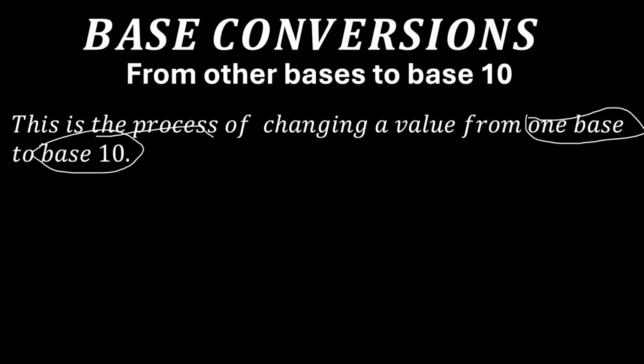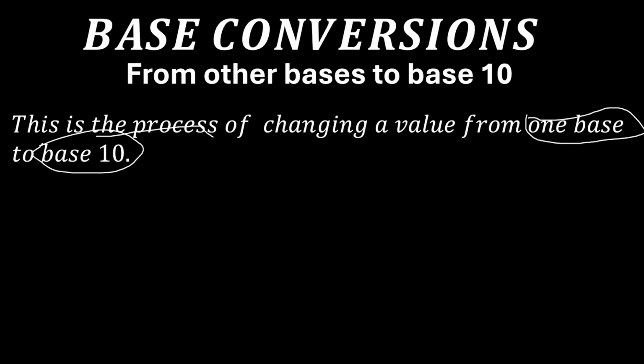Don't forget that if you want to get any concept right, you must know the various parts of its composition. I told you that when it comes to base conversion, there are three types: from other bases to base 10, from base 10 to other bases, and from one base to another.